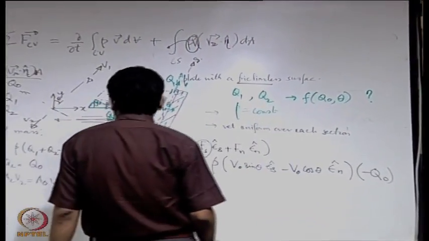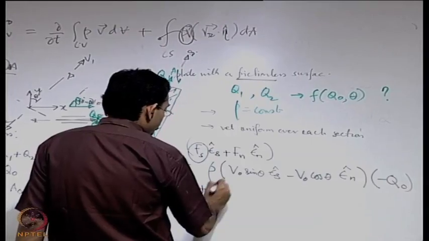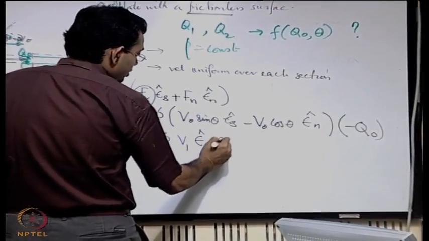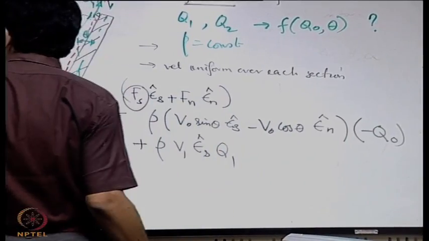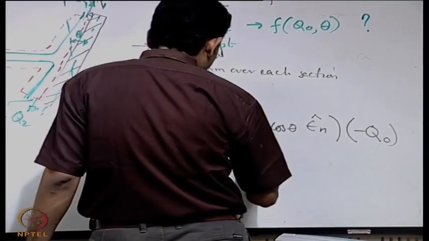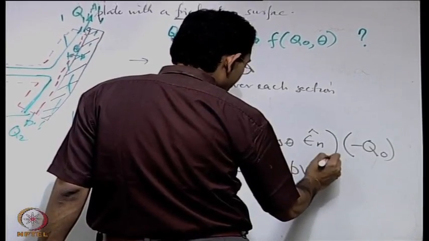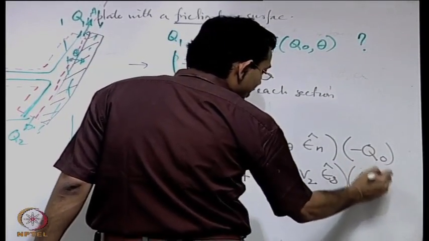Then for the surface 1, plus rho v1 epsilon s into plus q1. For the next one, minus rho v2 epsilon s multiplied with plus q2.